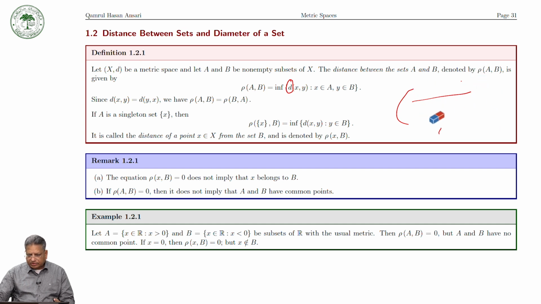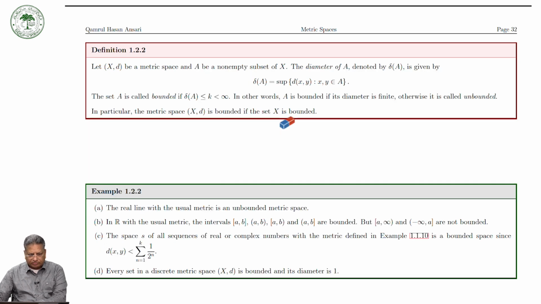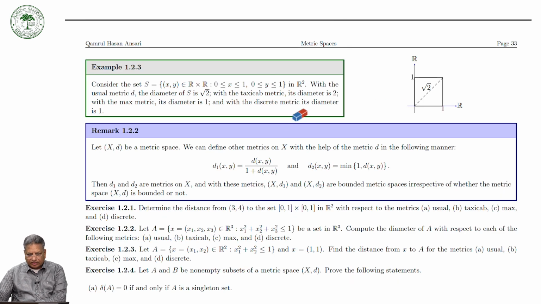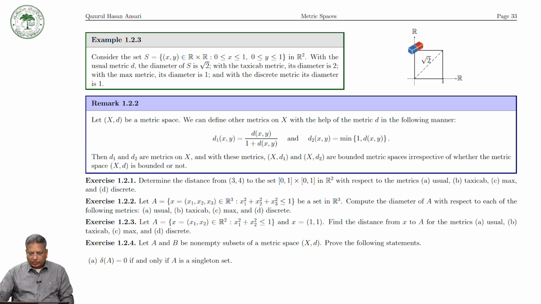Here for example, this is your subset S of R2, and with respect to the usual metric, the diameter of the set is this thing.